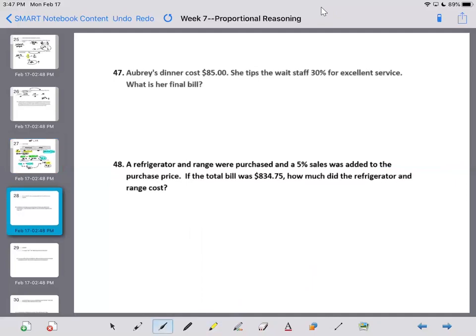Aubrey's dinner cost is $85. She wants to tip the wait staff 30%. So again, one way to do that is to take 30% of 85 and then add it to 85. Well, 85 multiplied by 30% would be about $25.50 that you're going to add. So you're looking at $110.50.